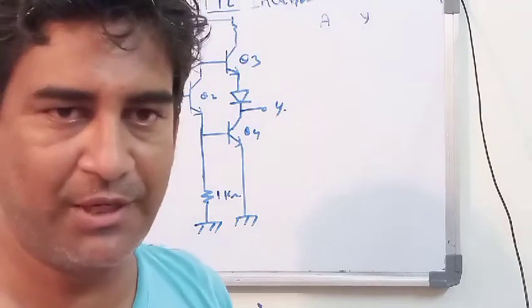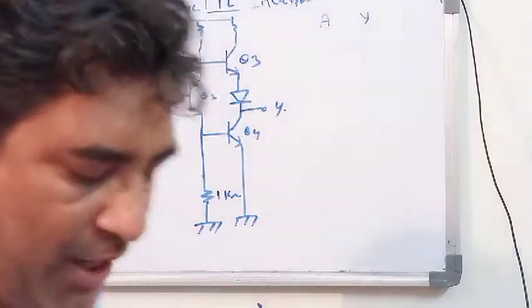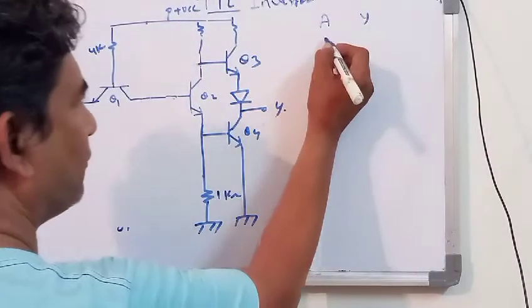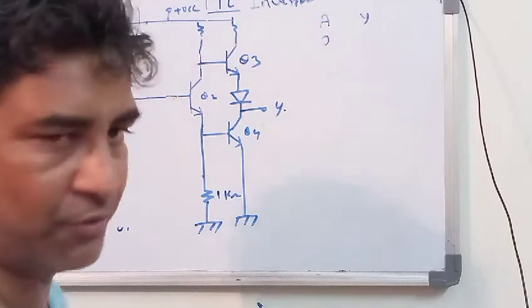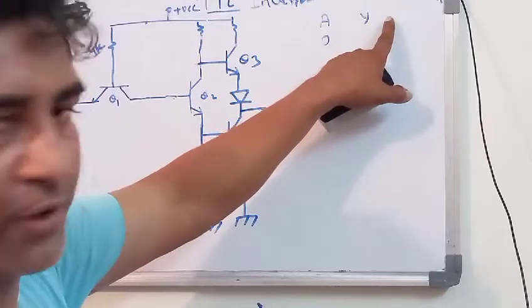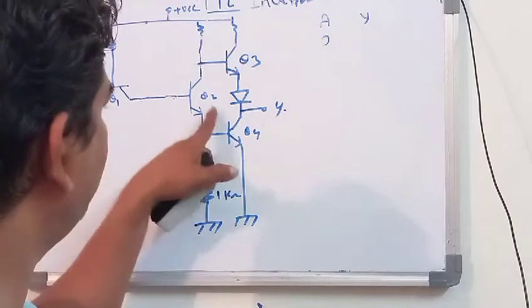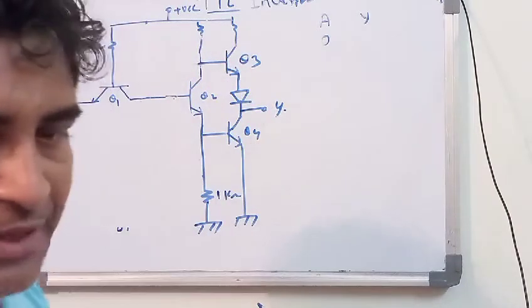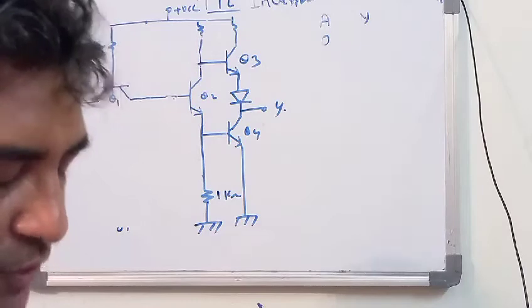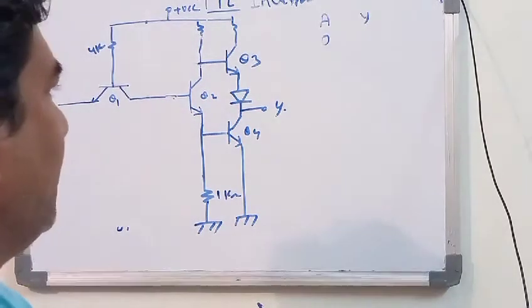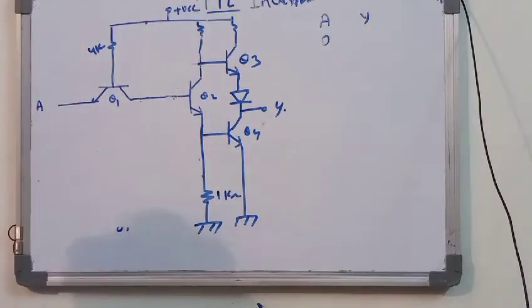Only two possibilities are there. So when A is equal to 0, what will be the output Y? What will be the behavior of Q1, Q2, Q3 and Q4? That we will see.